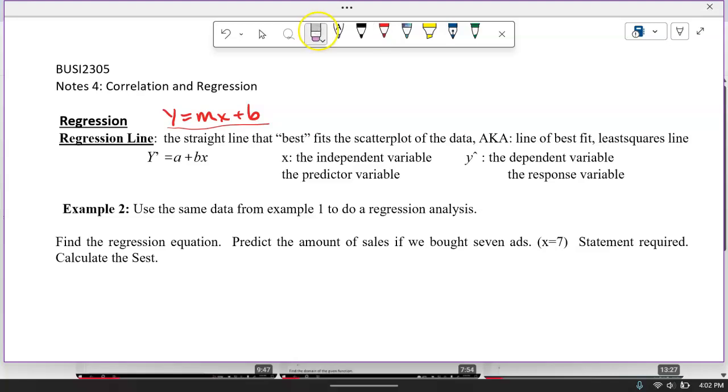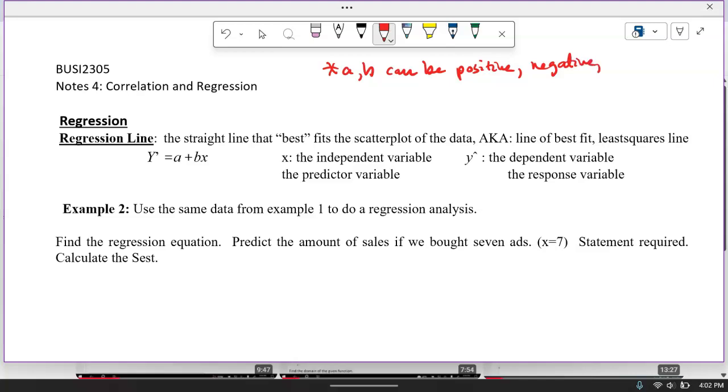Now, the most important part for me to remind you about is that a and b can be positive, negative, large, or small.